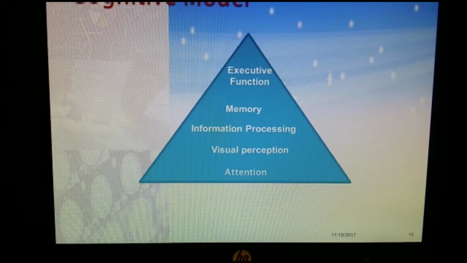So in each level of the treatment, we're going to include the executive function. We can include the executive function when we do attention training, visual processing training and memory training. But again, when we go in hierarchy, we also need to build these categories on each other. Okay, so this is again about the cognitive models and the cognitive pyramid.